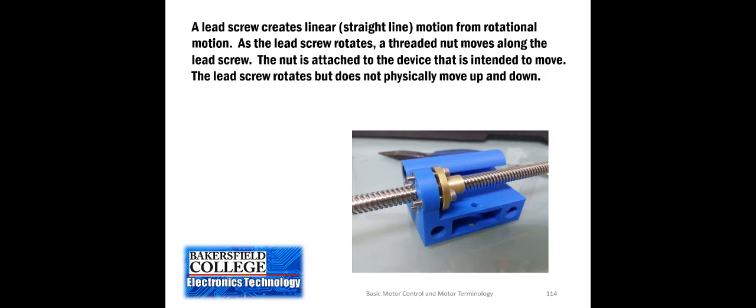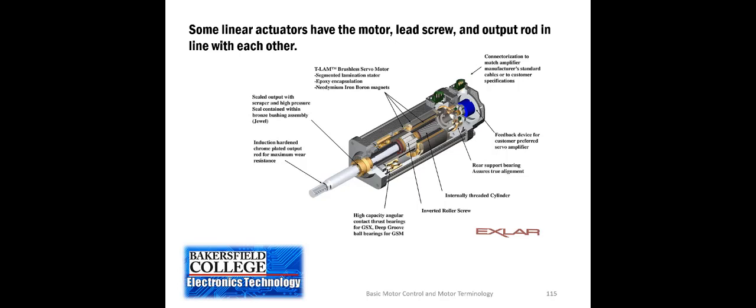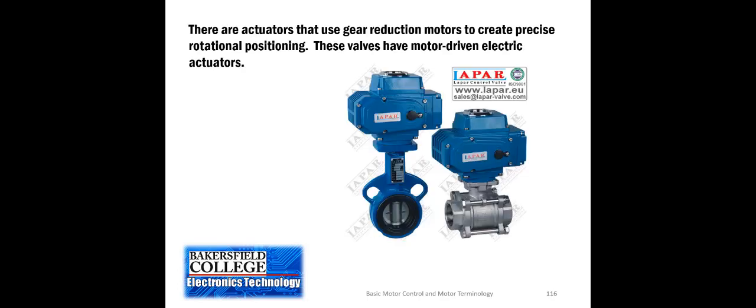It's held captive. The nut will move back and forth. Here's another version that has the motor built in line with the lead screw and the shaft of the actuator, the rod.